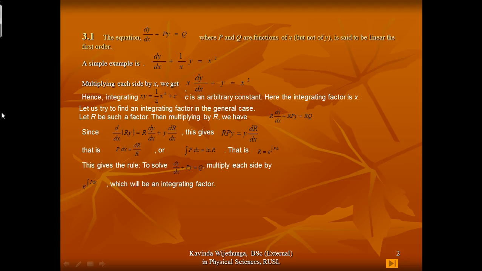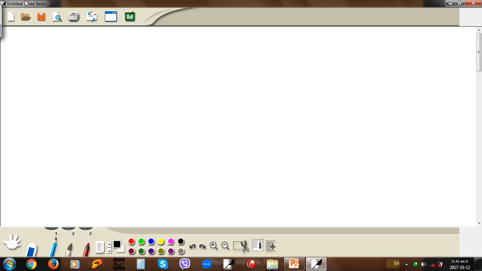So we consider that simple example: dy/dx + (1/x)y = x^2.